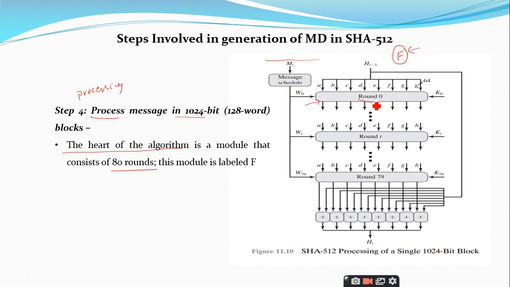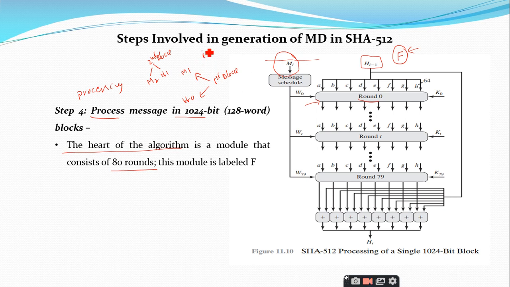As we know, each and every round will have 2 inputs. One is the message Mi and the second input is the buffer value, that is Hi minus 1. For the first block, the input will be M1 and the other input will be H0. For the second block, the input will be M2 and the other input will be H1.